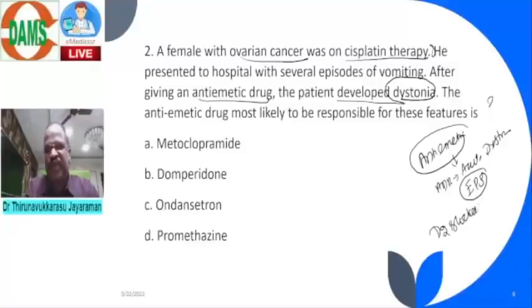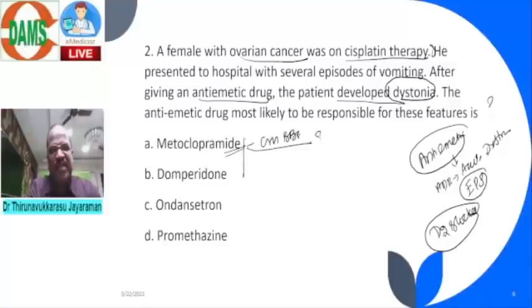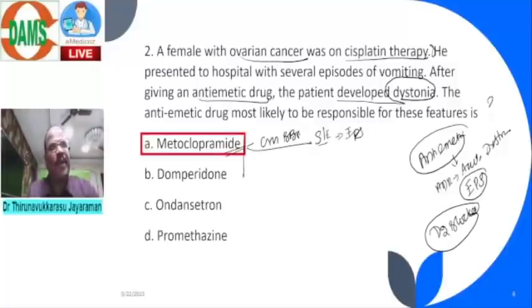So in this way, look at the options. The options are metoclopramide, domperidone, ondansetron, promethazine. Here, metoclopramide and domperidone are both D2 blockers, but in this, metoclopramide is able to cross the blood-brain barrier. So this is the one causing the side effect of acute muscle dystonia, EPS. So the answer will be option A, metoclopramide.